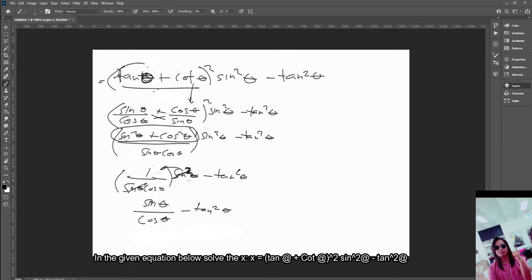Secant is actually going to be sine, or is that sine squared? No. Tangent sine, no sine.